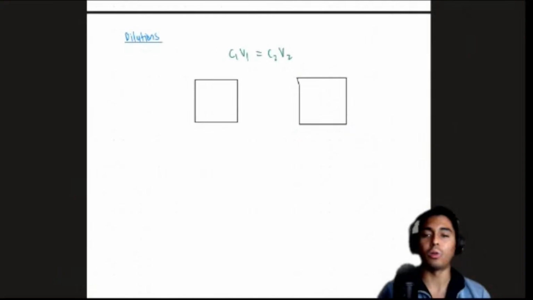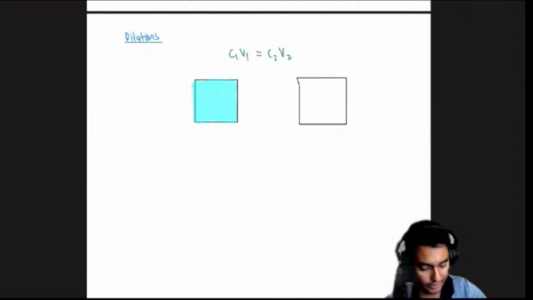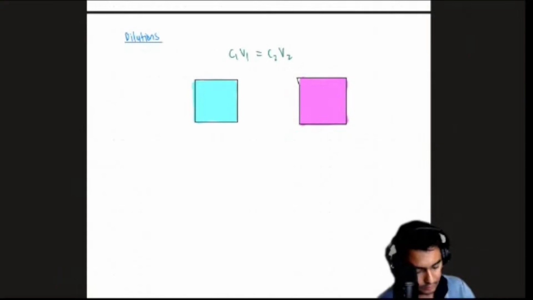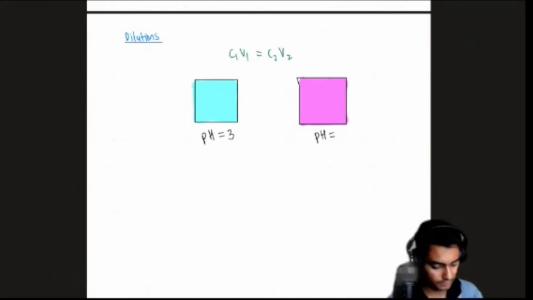Okay, so in this example, we're gonna just talk about dilutions, which is super common, and you can fall into some traps. So let's suppose that I give you the concentration of this solution. As a matter of fact, I don't even give you the concentration. I'm gonna give you the pH. I'm gonna give this as pH 3, and then I'm going to give you this as pH 7. This is neutral.